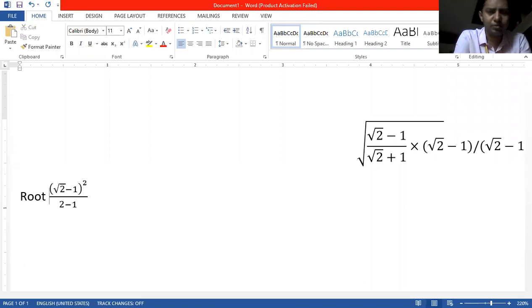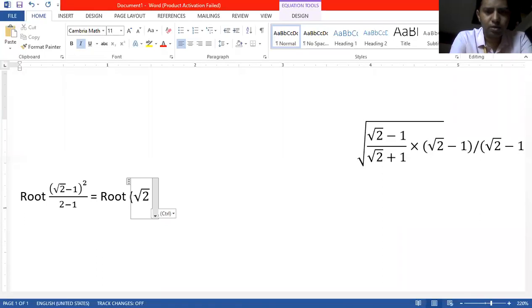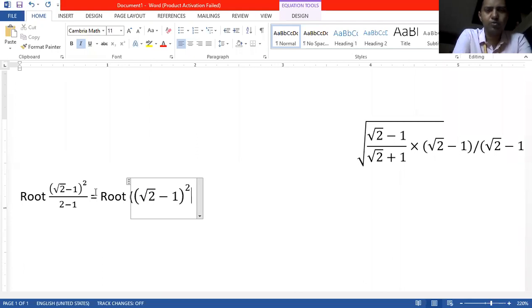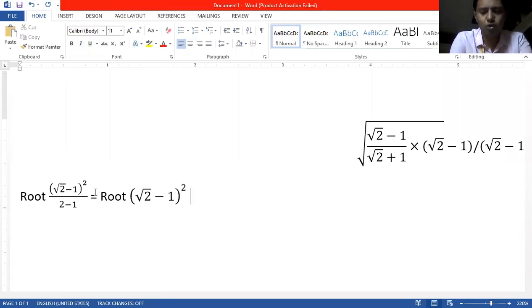The denominator is 1 only, so this will be root of under root 2 minus 1 whole square. Taking the perfect square root, that will be root 2 minus 1 only.